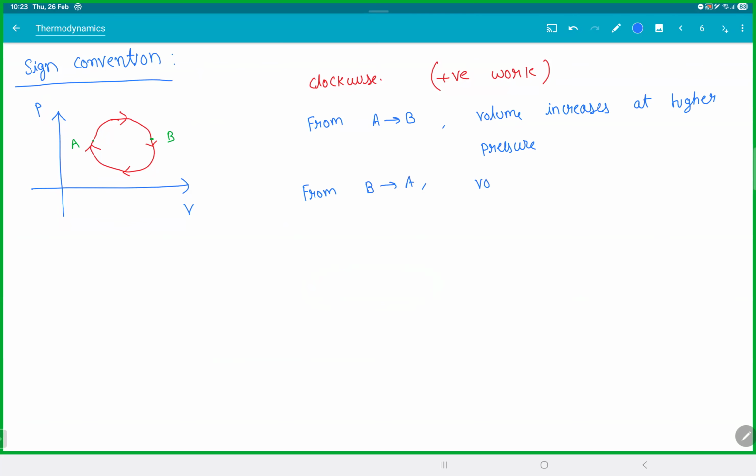From B to A, volume decreases at a lower pressure. So clockwise is actually the positive direction. So be careful. Don't use your right hand thumb rule. It doesn't work. That is the better way to remember. Instead of the sign convention, if you're confused, think of it like that.